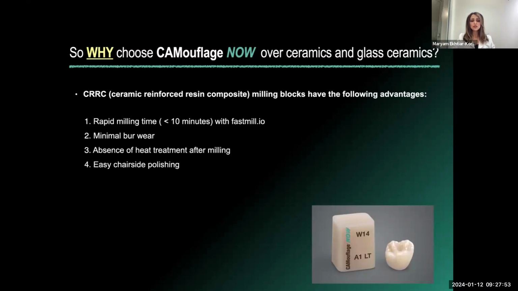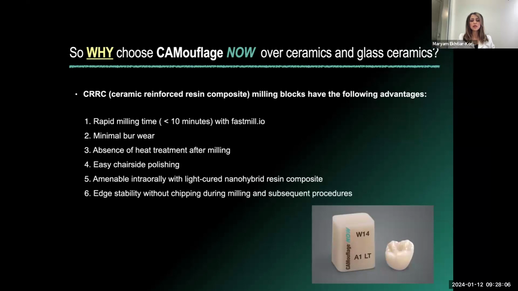The polishing is superb. You can polish both extraorally as well as intraorally. It is amenable to repair intraorally with light-cured nanohybrid resin composites, and the edge stability is great. There isn't any chipping during milling and subsequent procedures, and there's low wear to opposing dentition.